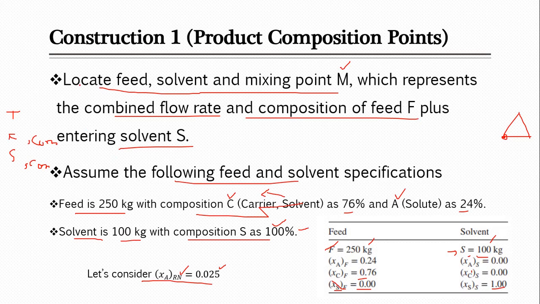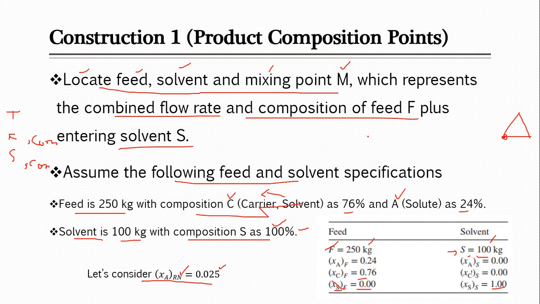What we said from the start is that you have to locate the feed, solvent and mixing point. In order to locate them on the diagram, you should know at least their composition, and also the amounts, because they are needed for calculation purposes, so that's also given here.